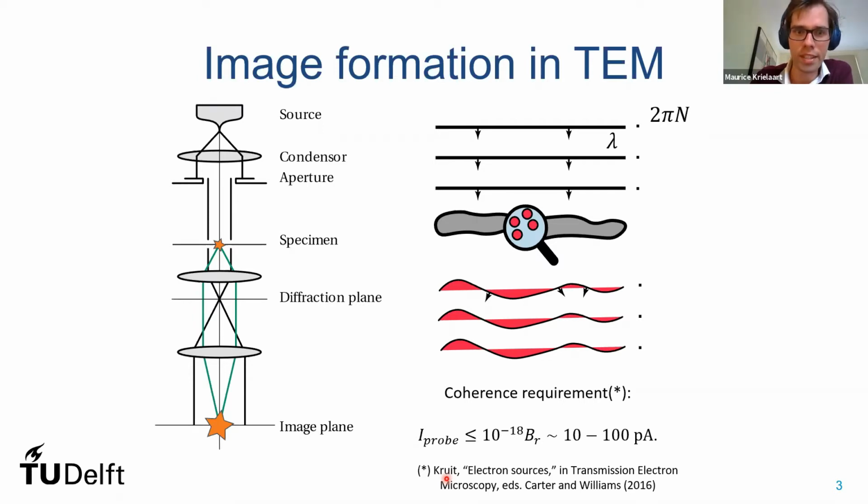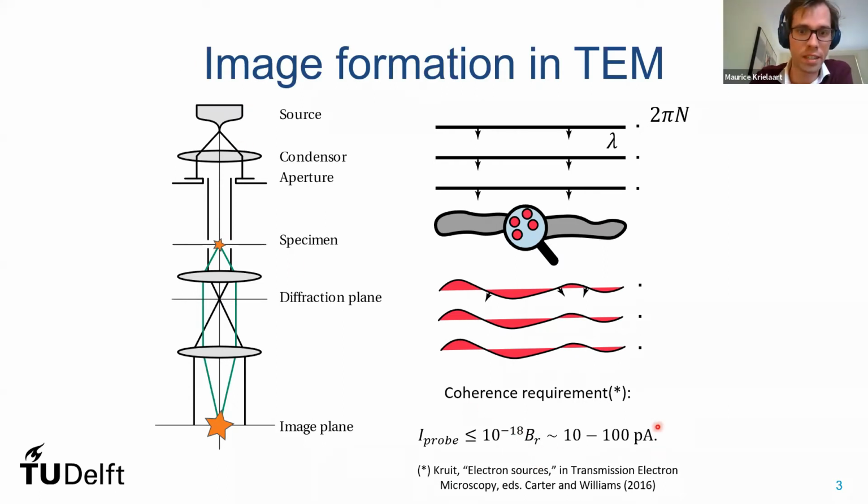It's a surprisingly simple requirement. All it says is that the probe current (maybe I should have better called it the specimen current) should be smaller than this factor times the reduced brightness of your source, and then you're done.